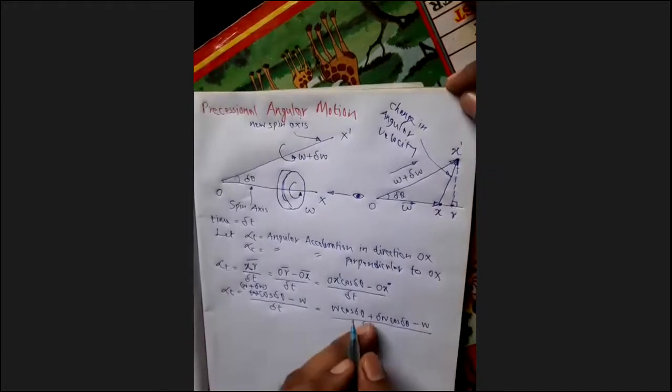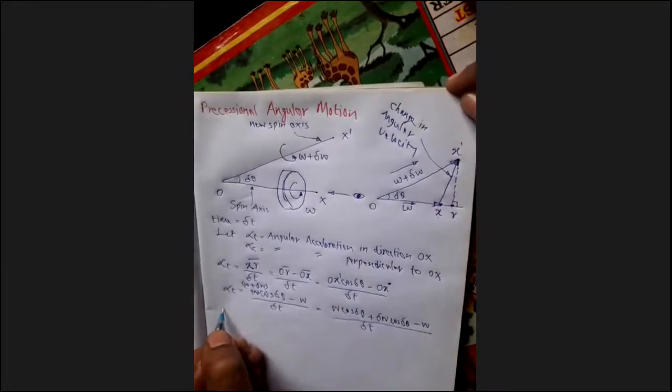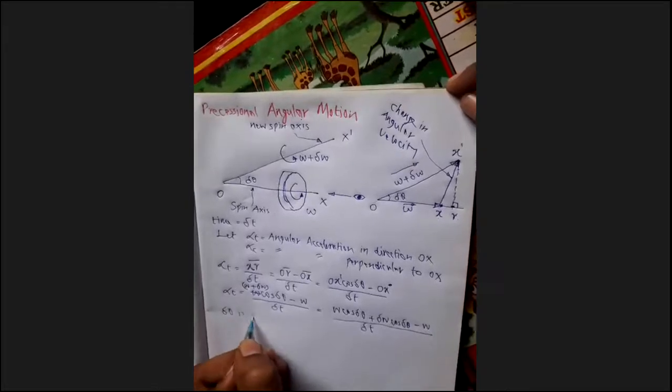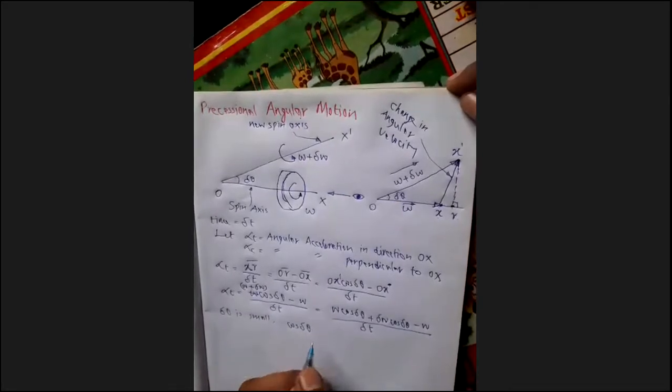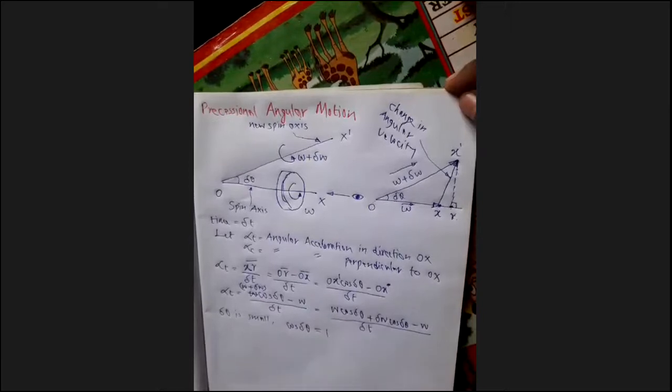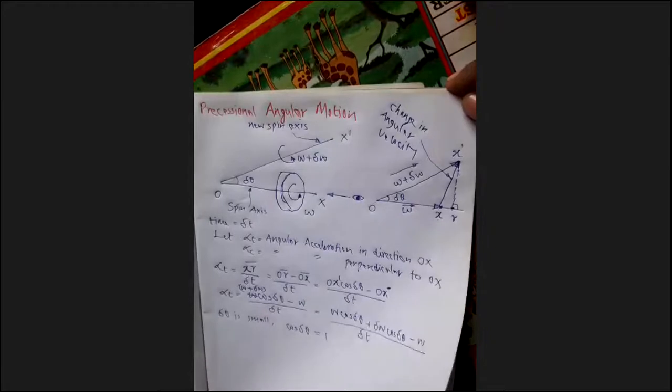Now, as delta theta is very small, I can take cos delta theta equal to 1. The smallest value of delta theta can be 0, and cos 0 is 1. For smaller values of delta theta, cosine of delta theta will almost be equal to 1.